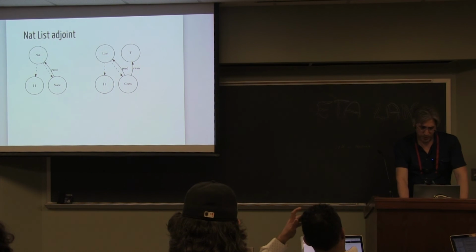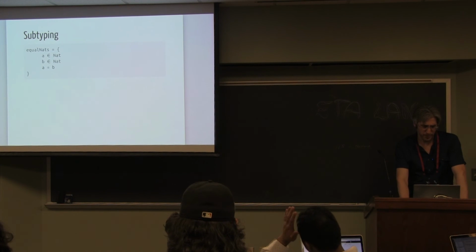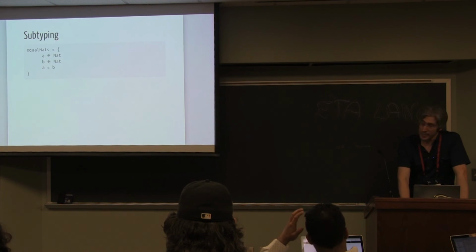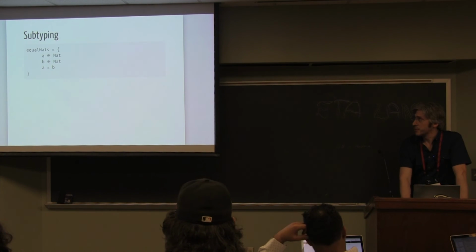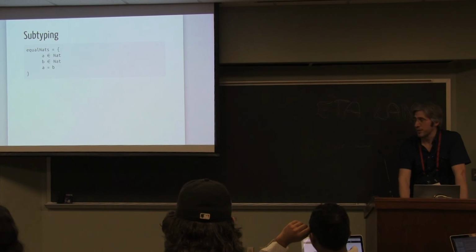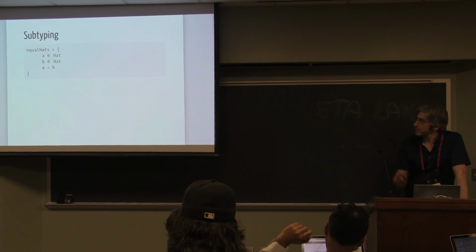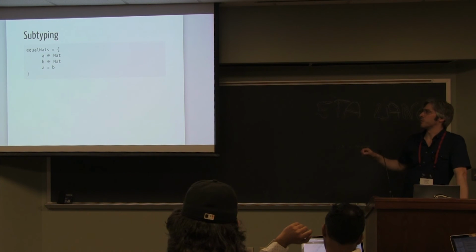And a cool way to use this adjointness is using subtyping. And as this is structural typing, subtyping arises naturally in the calculus. It's similar to how row polymorphism works in some languages. So imagine we have equal nuts, in which A is a member of nut and B is a member of nut, and then we say the property that A and B are equal.